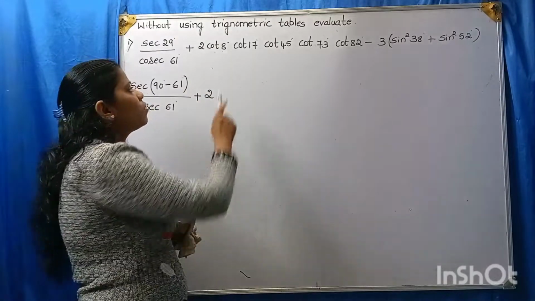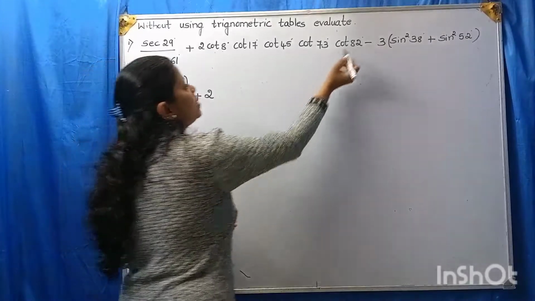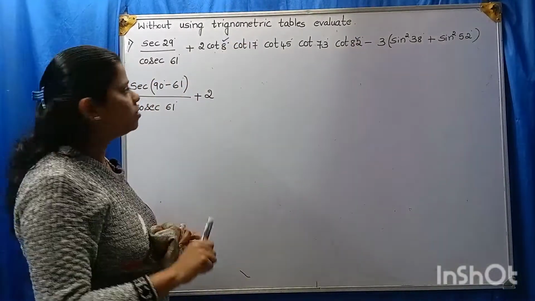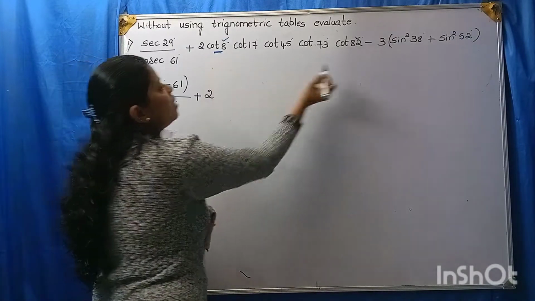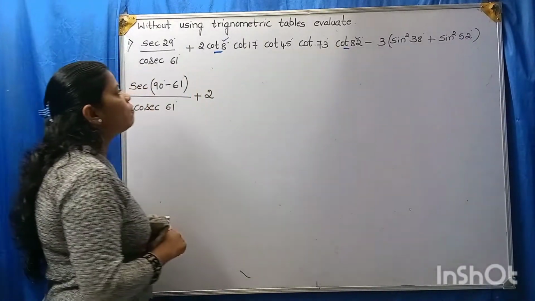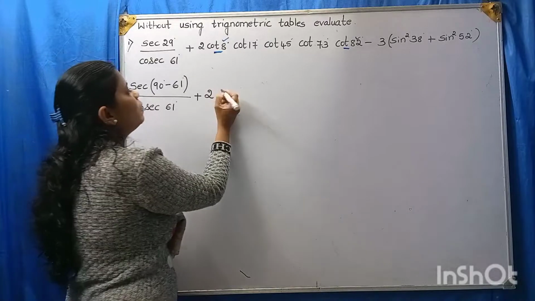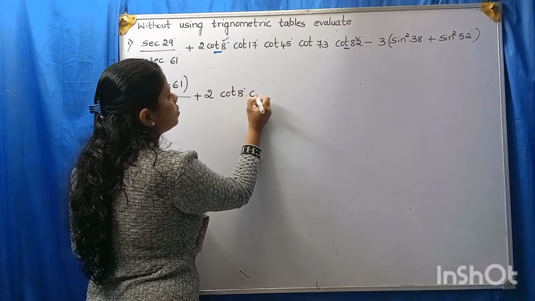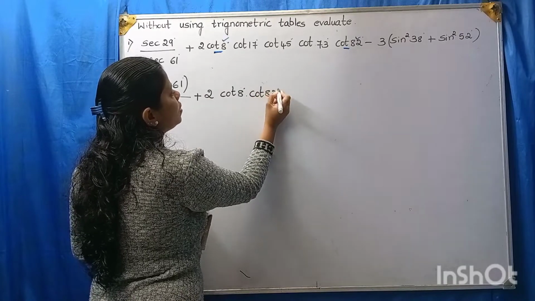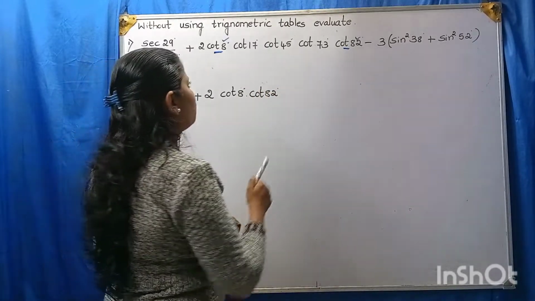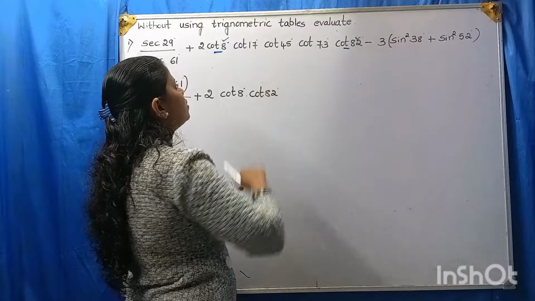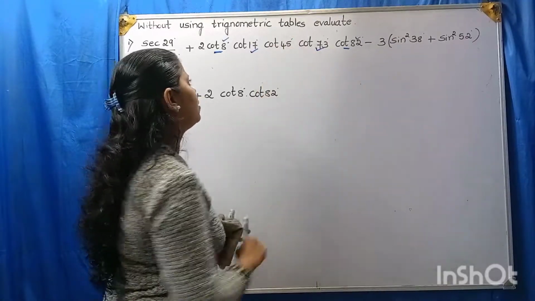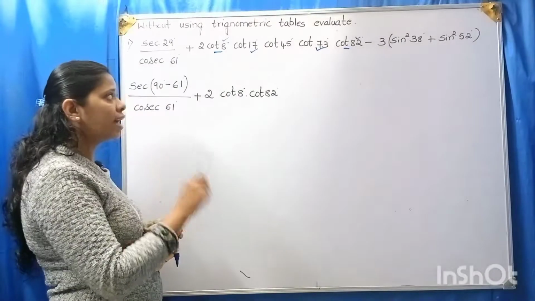Now, let us do the grouping. For this 82, if we add 8, we will get 90. So, this one and this one, I will make one group and write together, that is cot 8 degree into cot 82 degree. Now, this 17 degree and this 73 degree, when we add, we will get 90.